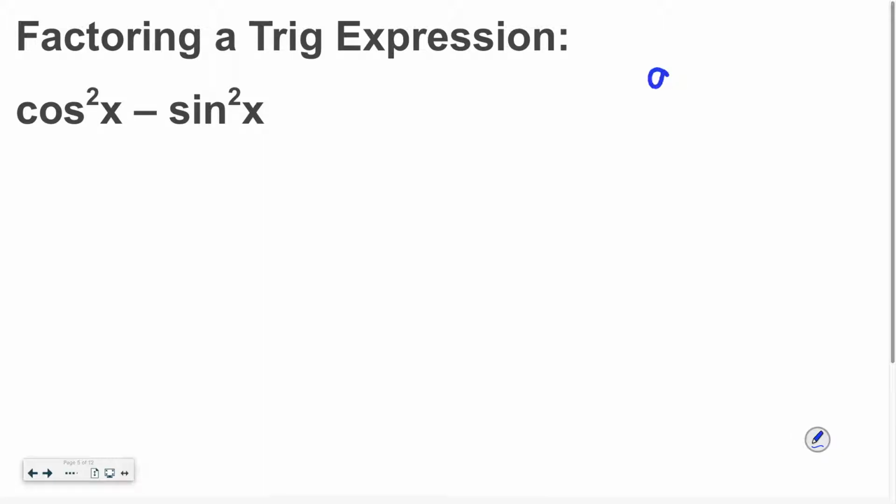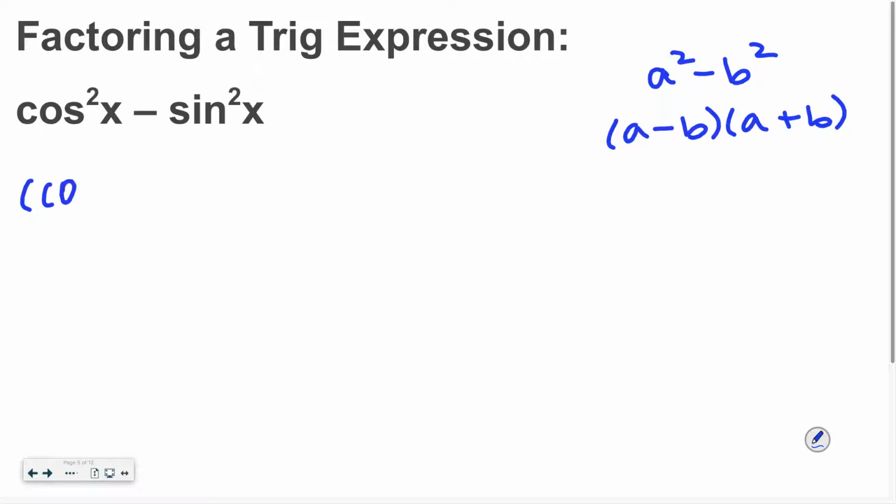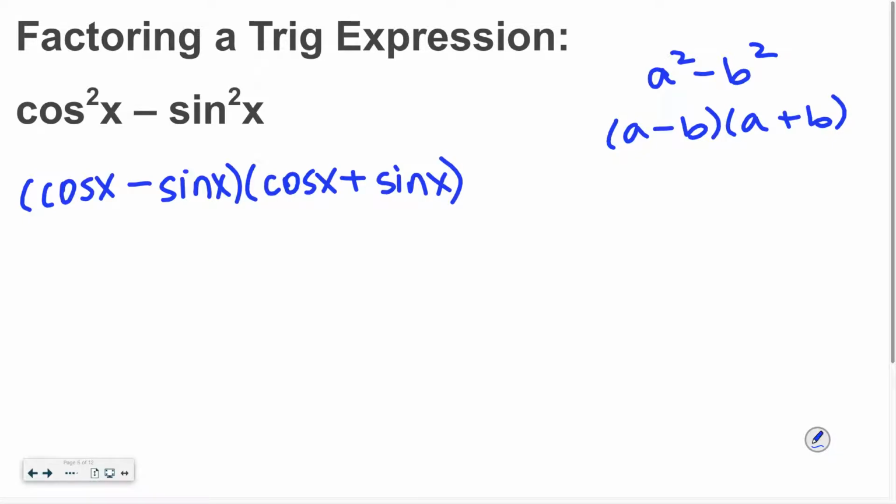Do you remember how a squared minus b squared factors to a minus b times a plus b? Right? Okay, so this is cosine squared x minus sine squared x. Is this a difference of squares? Okay, so we can factor this to cosine x minus sine x times cosine x plus sine x.